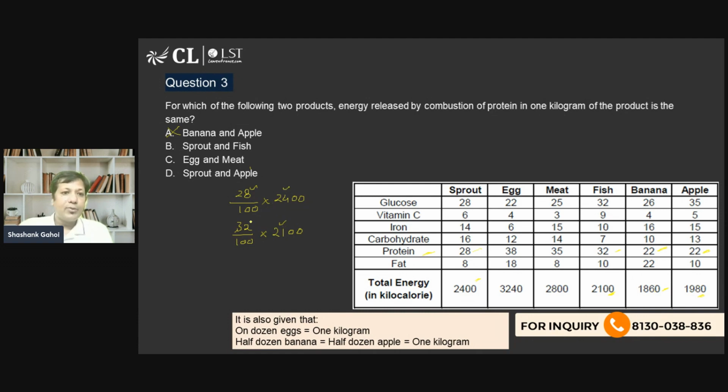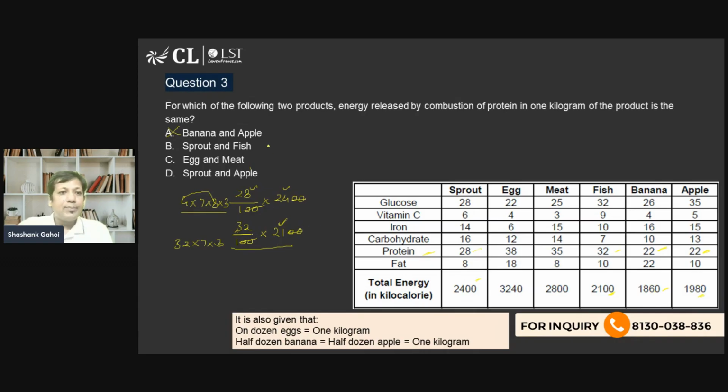Two zeros rejected, two zeros rejected. So I'm simply factorizing this. So 4 into 7 into 8 into 3 is the value I'm going to get. The other is going to be 32 into 7 into 3. Since 4 8s are 32, this value is also 32 into 7 into 3.